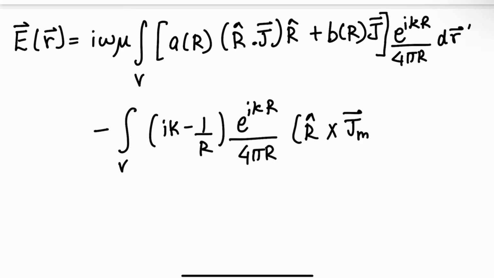Because here you had r-hat cross identity dotted with Jm. So that just becomes r-hat cross Jm.